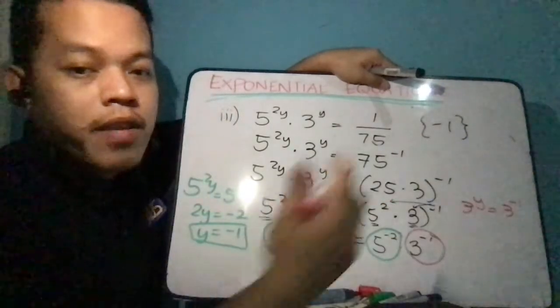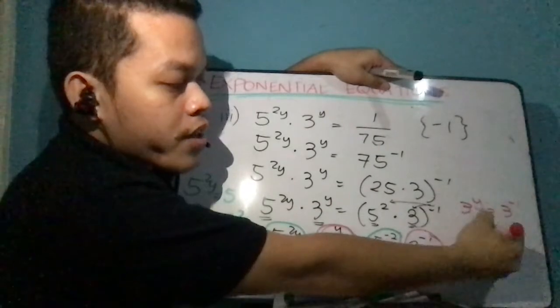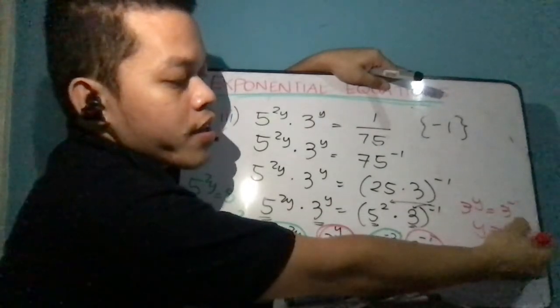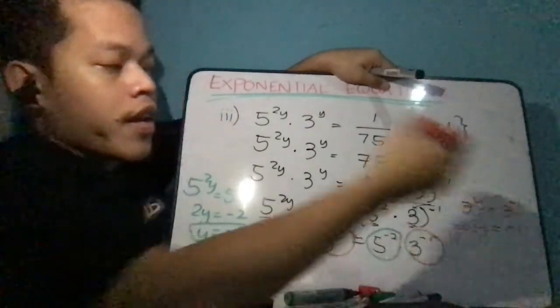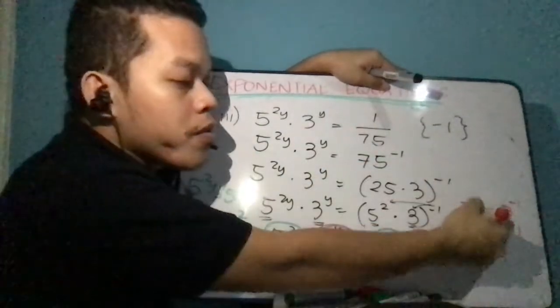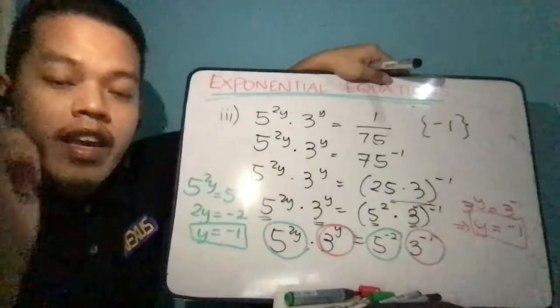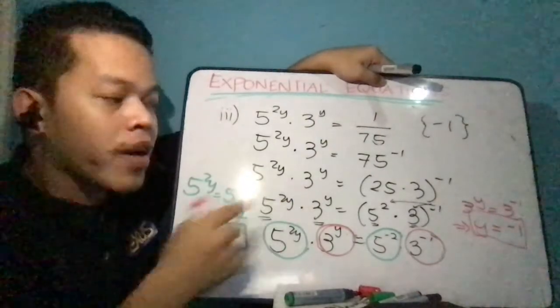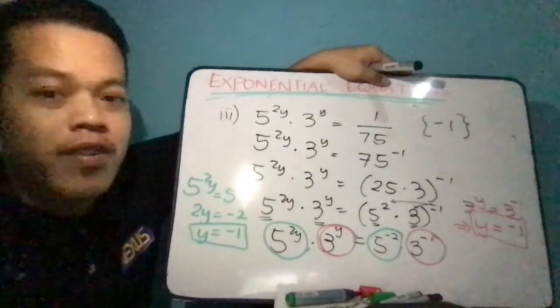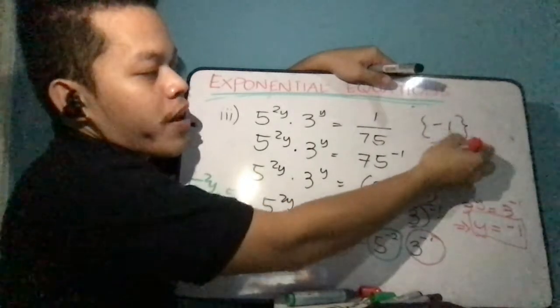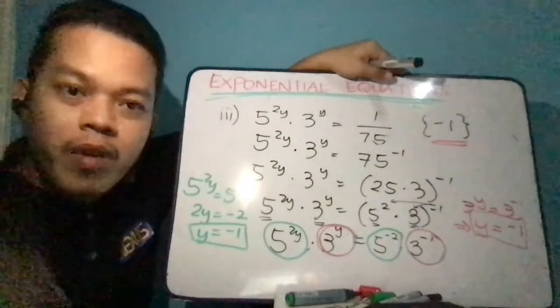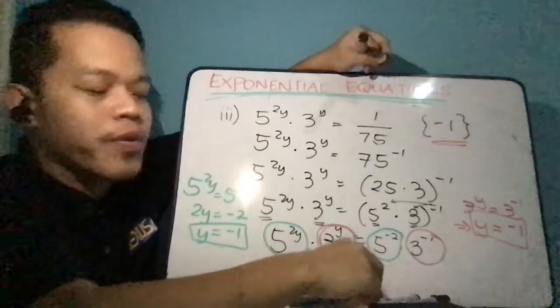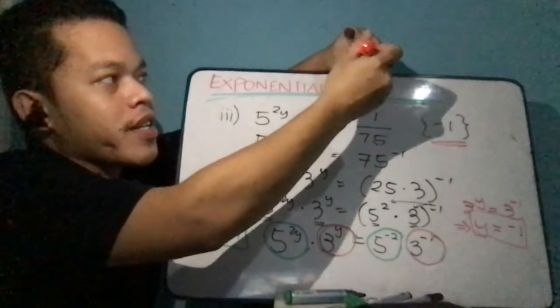And since we have the same basis 3 and 3, therefore it implies that we can equate the exponent y and negative 1. So therefore, y is still equal to negative 1. So therefore, when you get the same value of y here, then your solution is correct. And our target answer for y is negative 1. Okay, I hope you understood that part.